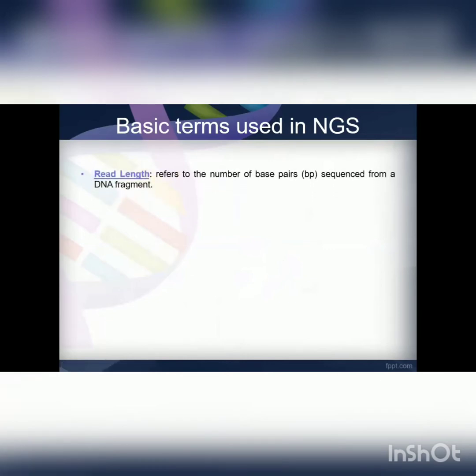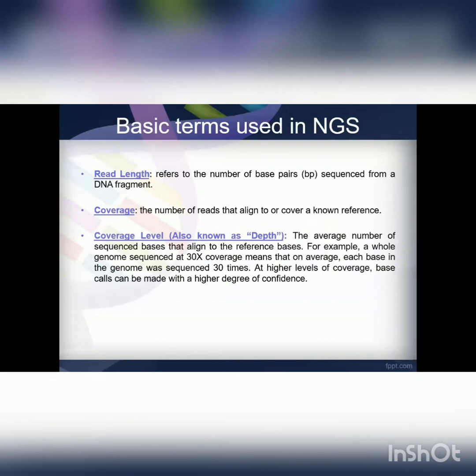These are read length. It refers to the number of base pairs that are sequenced from a DNA fragment. And coverage is the number of reads that align to a known reference. Coverage level is also known as depth, the average number of bases that align to the reference bases.